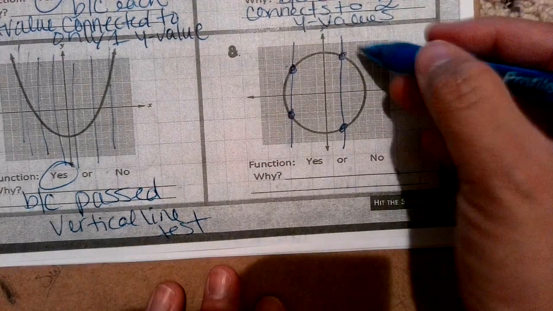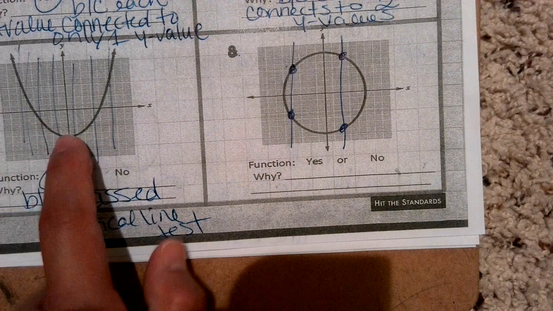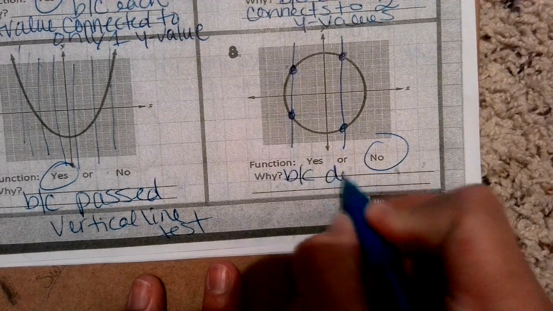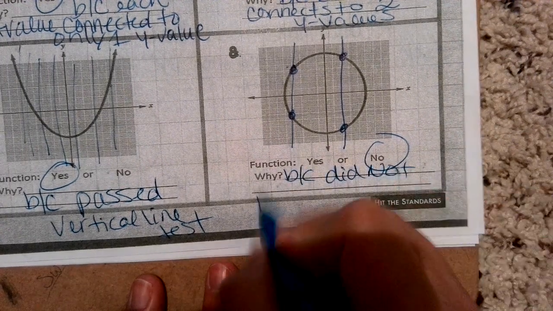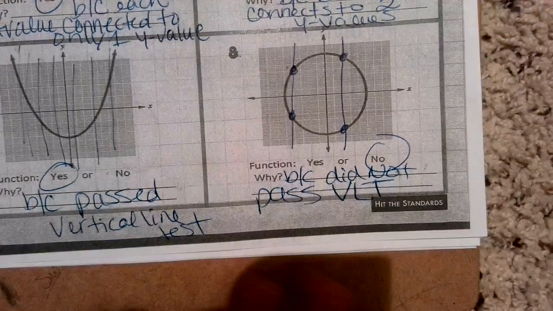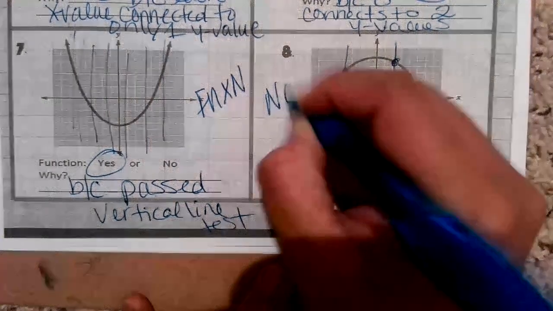So if it lands in more than one spot, it did not pass the vertical line test. The vertical line test says it can only hit 1 point, no matter where you put the line. So this is not a function because it did not pass the vertical line test. Yay, I abbreviated. Got tired of writing that. So yes, this was a function. This was not a function.